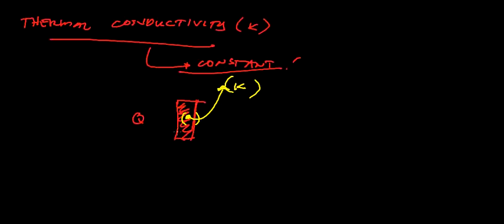So every material has its own thermal conductivity, and the value of this Q, the rate of the heat transfer, depends on the thermal conductivity of the material. And once again, last time we treat this thermal conductivity as constant.